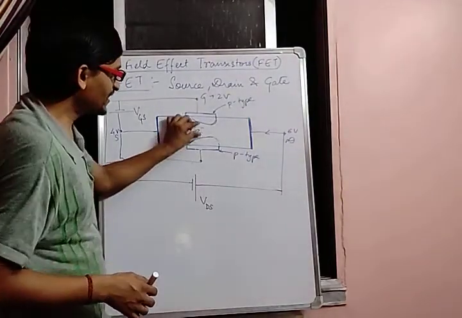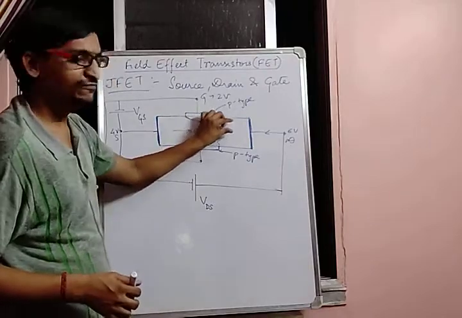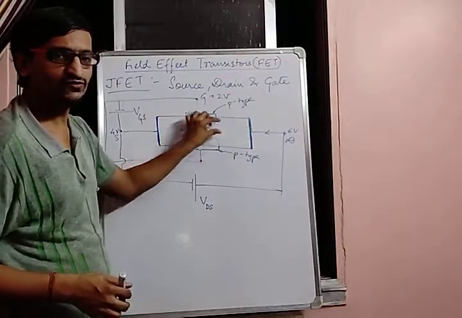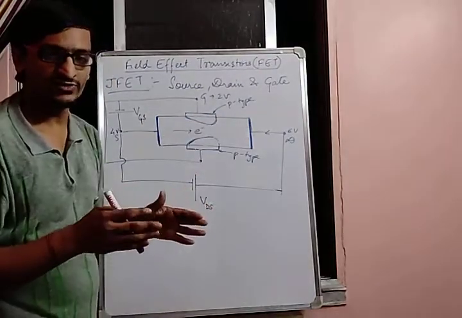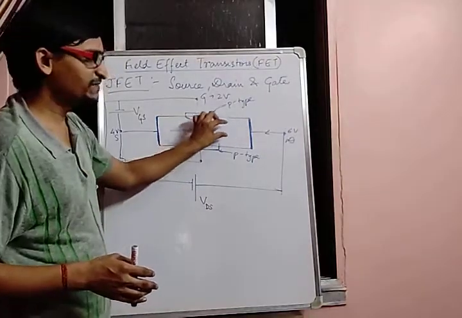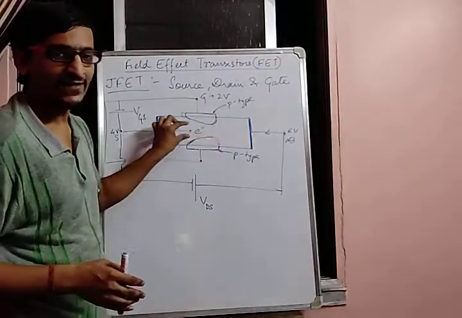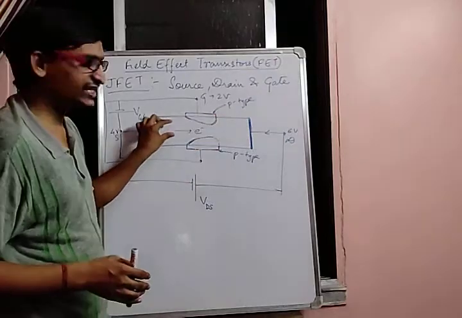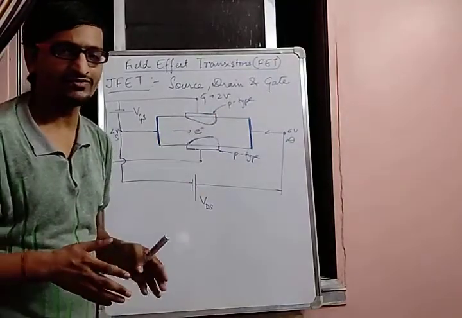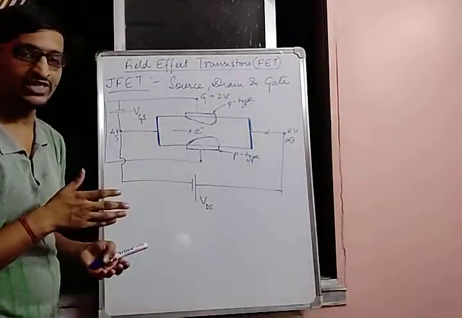As a result, the effective width through which the electrons flow will go on reducing. This region is basically called the channel. The effective region of the semiconductor bar through which electrons flow is called a channel.